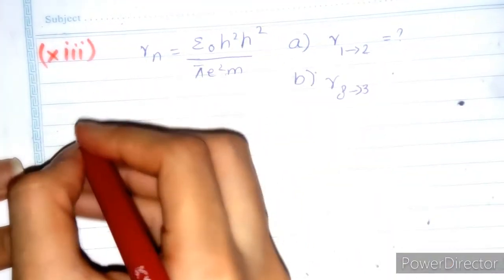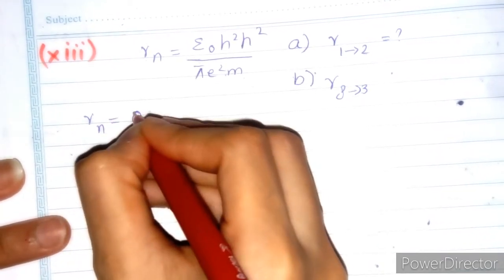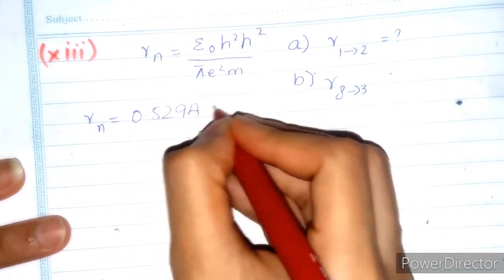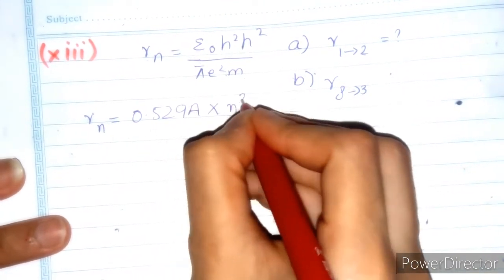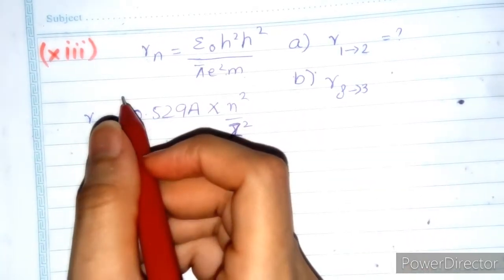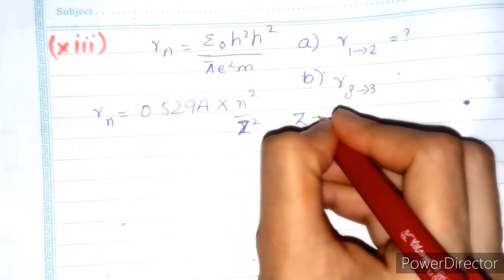So simply we will apply the equation Rn is equal to 0.529 A multiplied by n square divided by Z square. This equation is for hydrogen atom, meaning the value of Z would be 1.